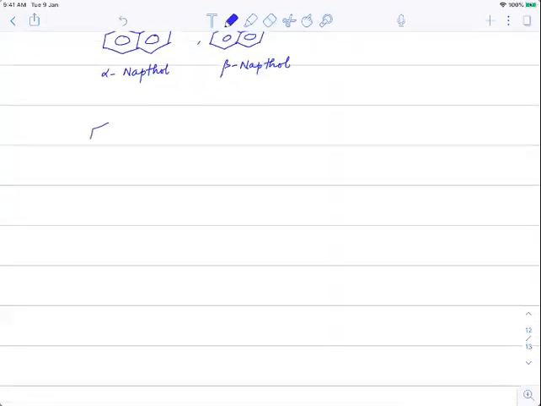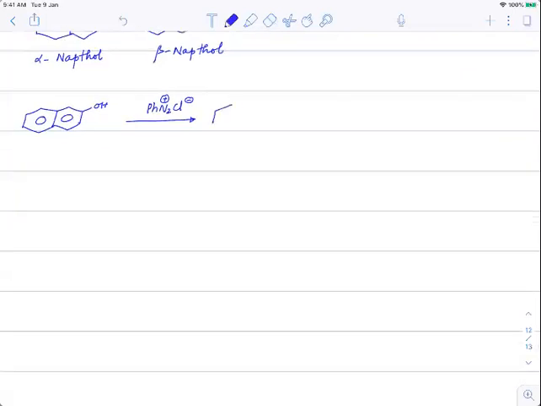Now let's see, if I take beta naphthol and react that with PhN2+ Cl-, what will be the product formed here?